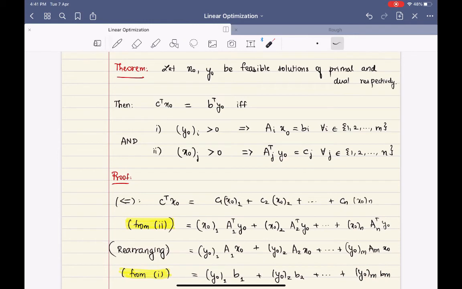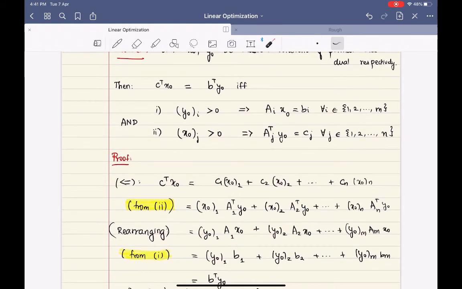Whenever y0 is 0, this will be 0, and if not, this quantity is equal to this quantity. And this is nothing but B transpose y0. So we got C transpose x0 equals B transpose y0 from these two conditions.